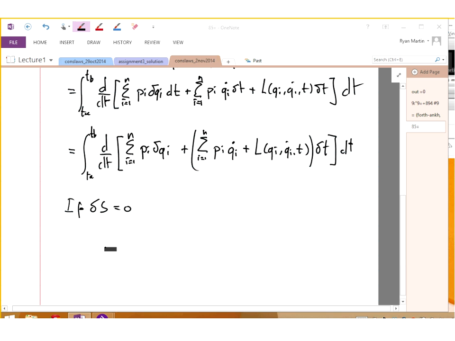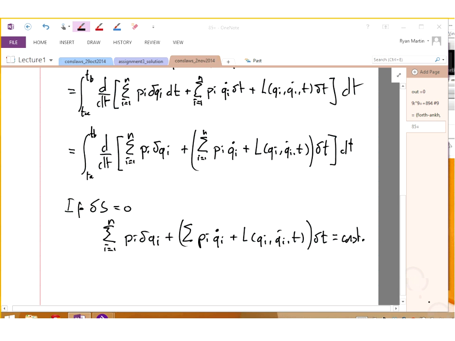Then the sum from i equals 1 to n of pi delta qi plus the sum of pi qi dot plus L of qi dot and t times delta t equals a constant.